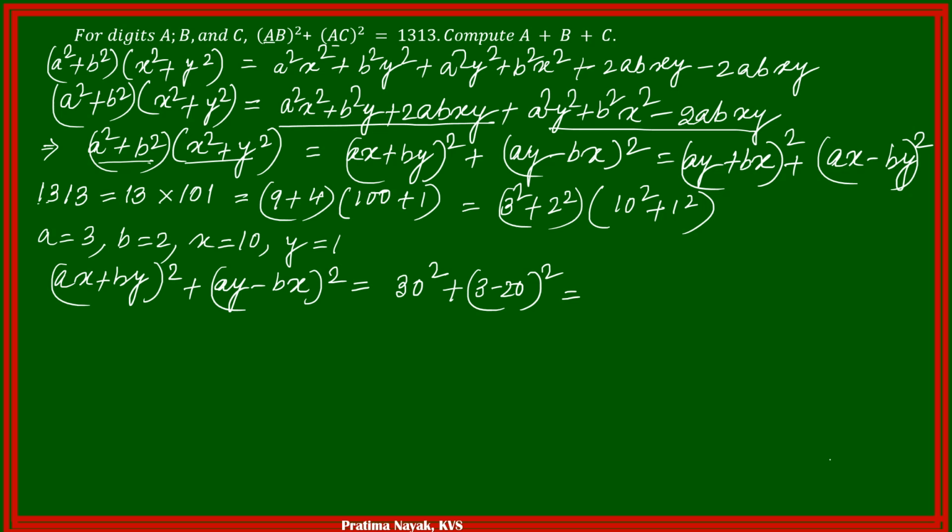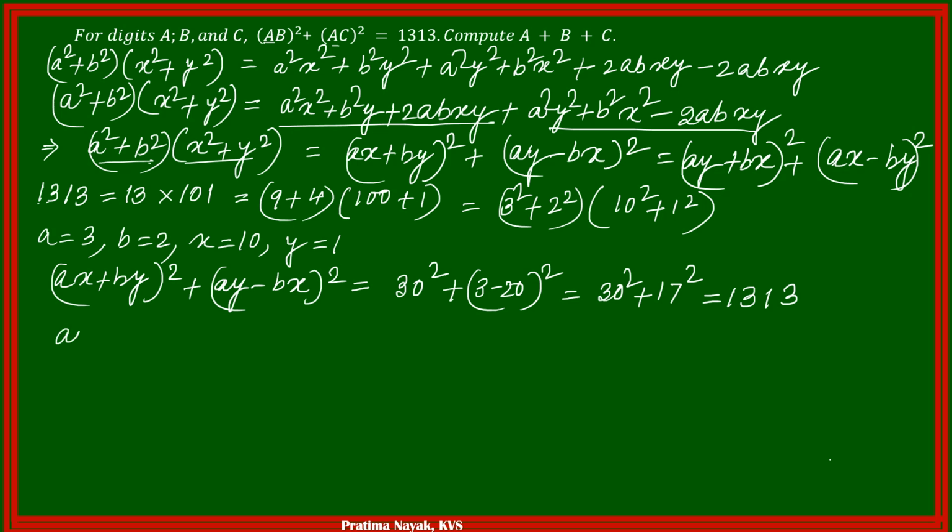So that will be 13 square plus 17 square. This is equal to 1313. But the tens place digits of these two are not the same, so I'll go for the second one.